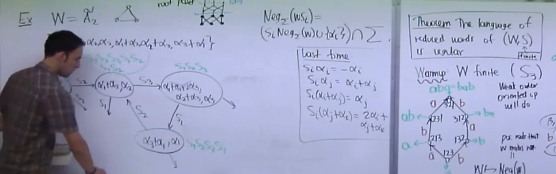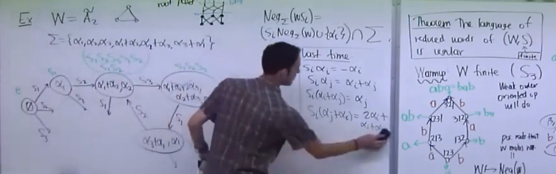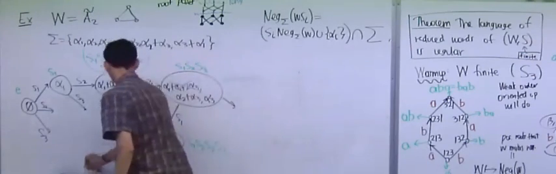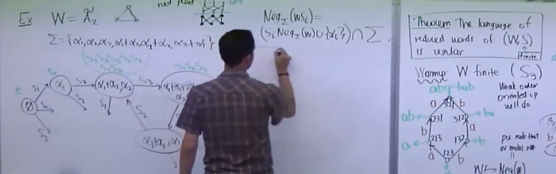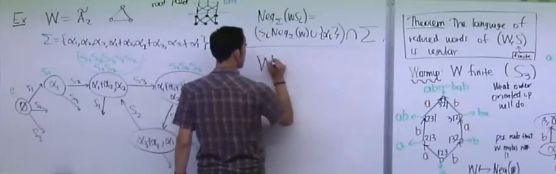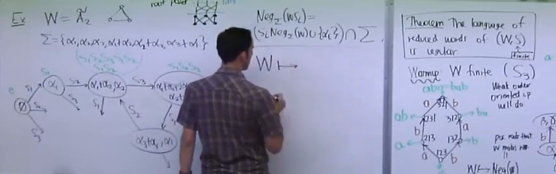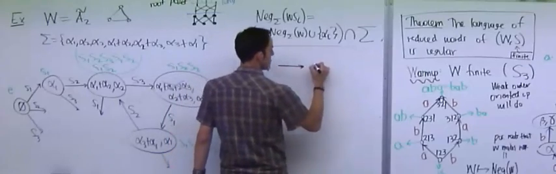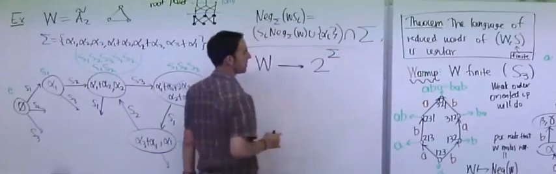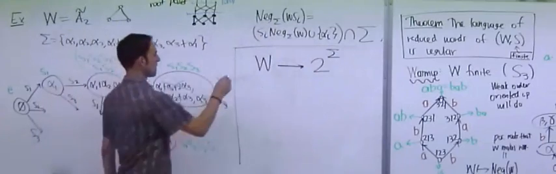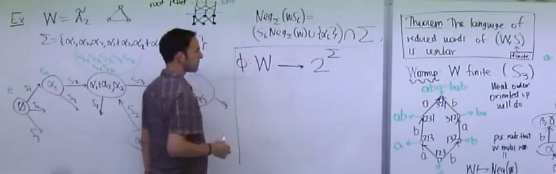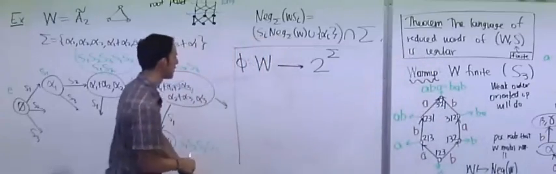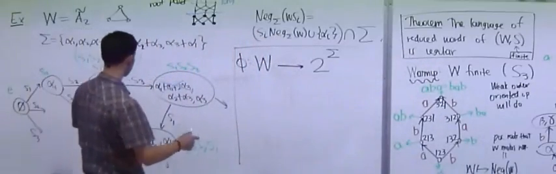Okay? What we have here now is a map from W to the subsets of the small roots. Now, here this was a nice injective map. Here it's kind of a mess. What am I doing?